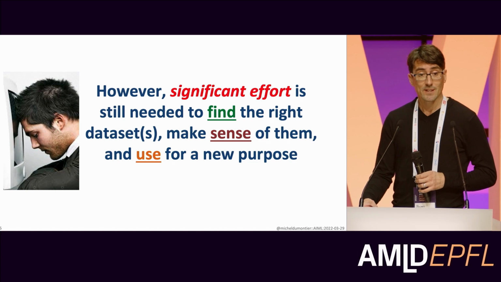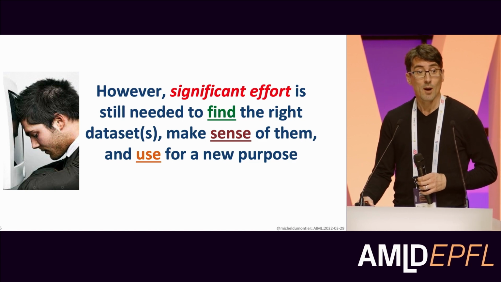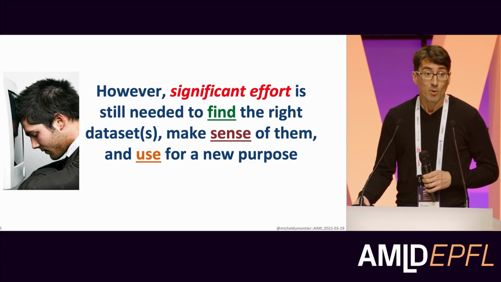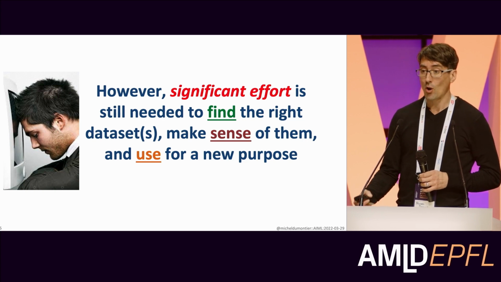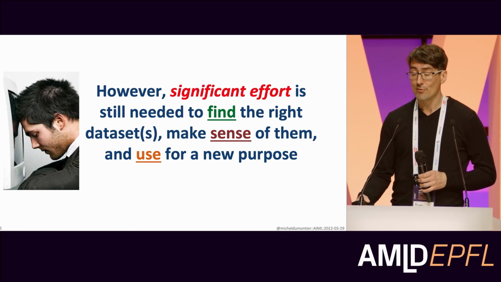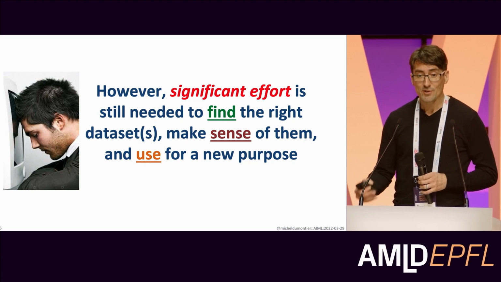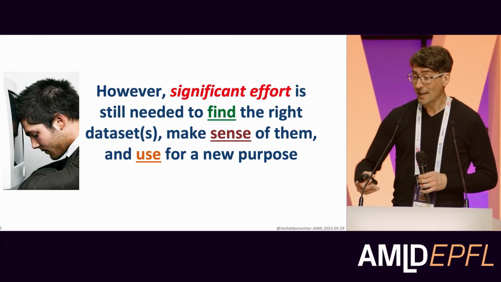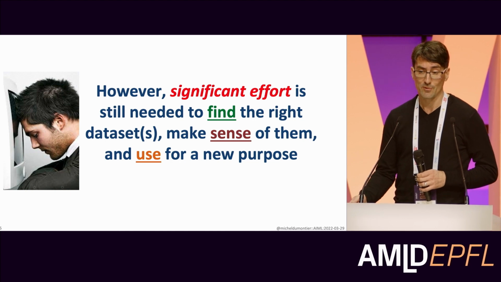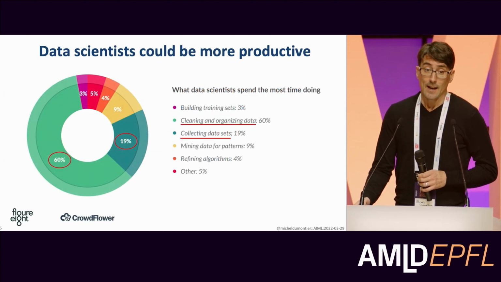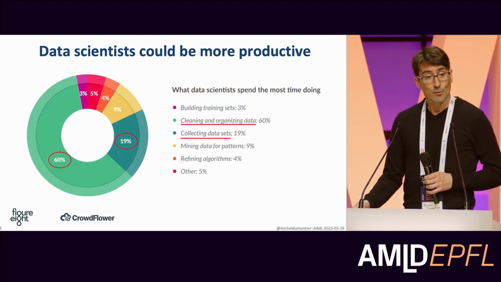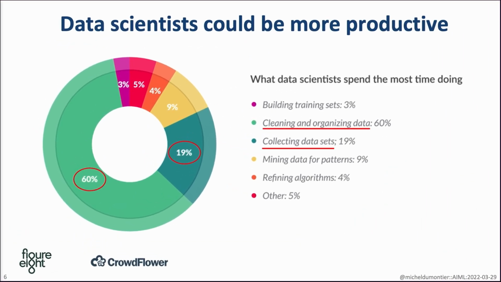But if you ask Pravesh and his team, this is a nice piece of work, but where was the effort? The problem, of course, is that it takes a lot of time and effort to go through the Gene Expression Omnibus, to identify the relevant studies, to understand what was done, to obtain those data and to repurpose them for their own use. Generally speaking, this is the kind of work that data scientists end up having to do the most.